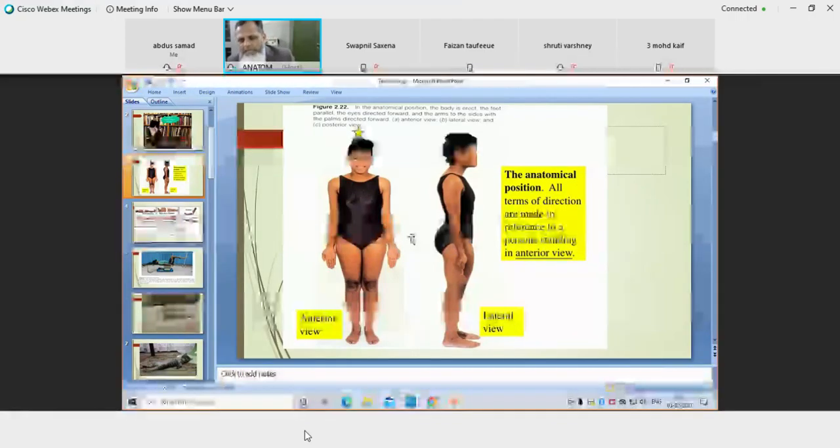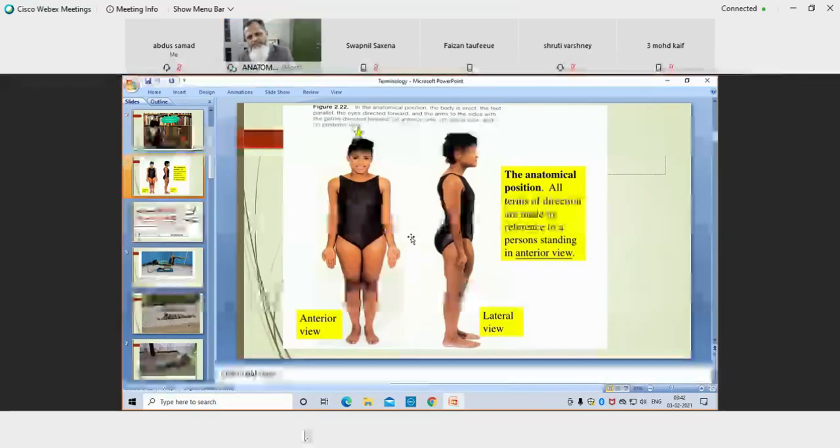And this lateral and medial border is more prominent in the forearm as compared to the arm, because the arm is somewhat round, or you can say cylindrical. Okay, so anterior surface or flexor surface, posterior surface or extensor surface, medial border, and lateral border.